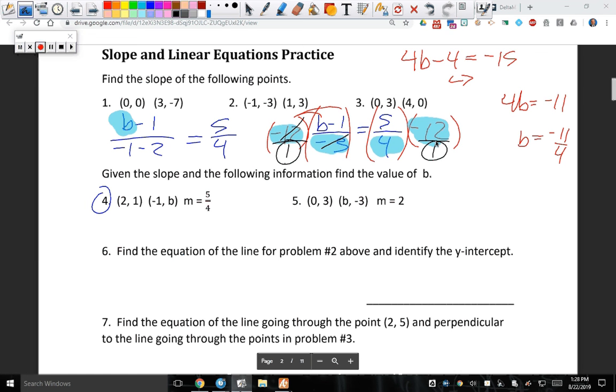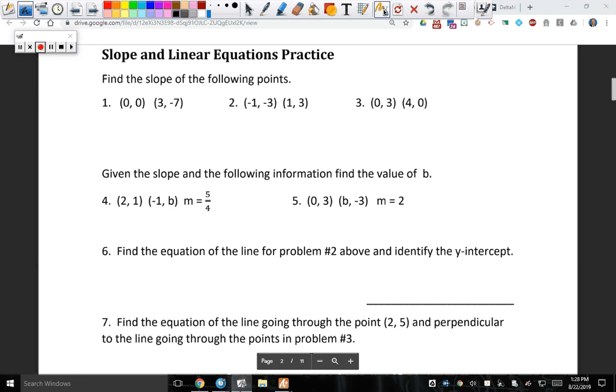Good? All right. So let's solve for the slope here because we're going to need it for number 7. Real quick, can you identify it just like that, without showing work? Negative 3 fourths. Good. So negative 3 fourths.